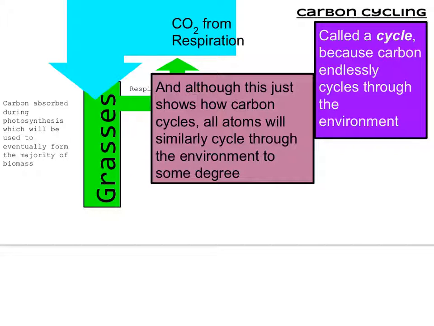But just keep in mind that there are many different cycles. There's the nitrogen cycle, which if we haven't talked about it, we will. There is the phosphorus cycle, which if we haven't talked about it, we will. There's many different cycles. Water cycle, for example. And if we haven't talked about it, we will.